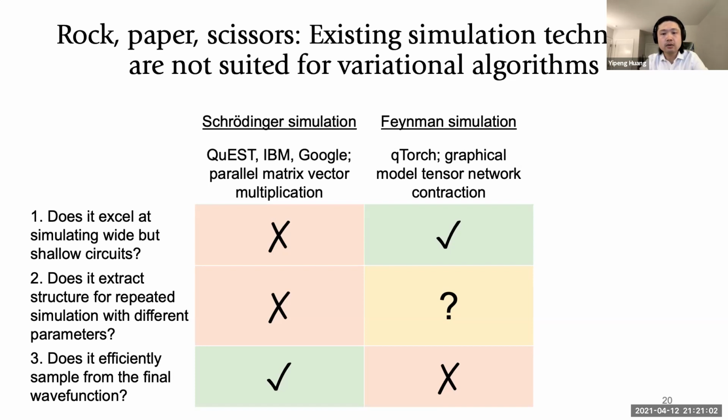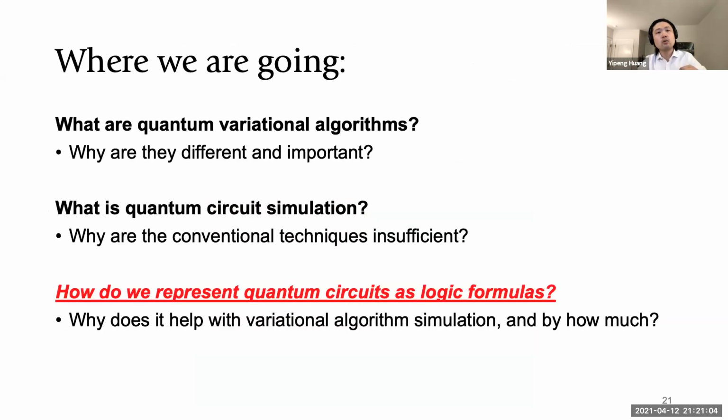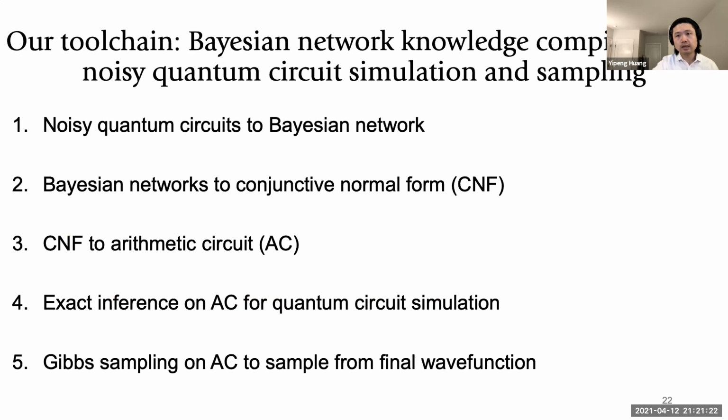And so finally, let's go in and talk about exactly how we use logical formulas as a logical abstraction, as an intermediate representation that allows us to compile and reason about quantum circuits. And this is done in a style where we use a toolchain that we built that takes quantum circuits, turns them into graphical models, such as Bayesian networks.